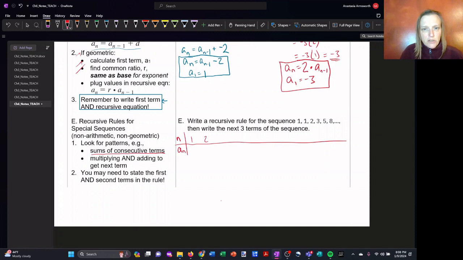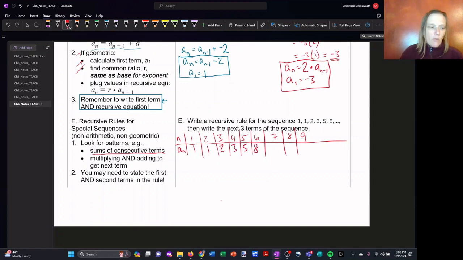So the first term, the second term, the third term, the fourth term, the fifth term. Let's see, they give us 6 terms, and then we're supposed to figure out the 7th term, the 8th term, and the 9th term. And the first term is 1, then 1, 2, 3, 5, 8.